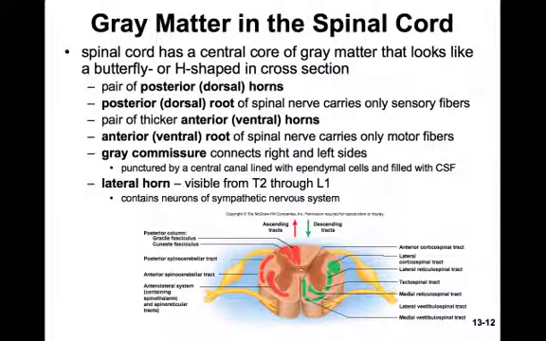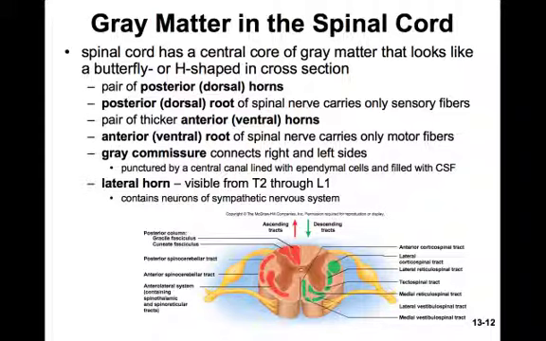When we look more closely at the gray matter in the spinal cord, it looks like a butterfly or H shape in cross-section. There are a pair of posterior or dorsal horns. This is where sensory information enters the spinal cord. In the posterior root of the spinal nerve, here we'll see only sensory fibers and a posterior root or dorsal root ganglion.